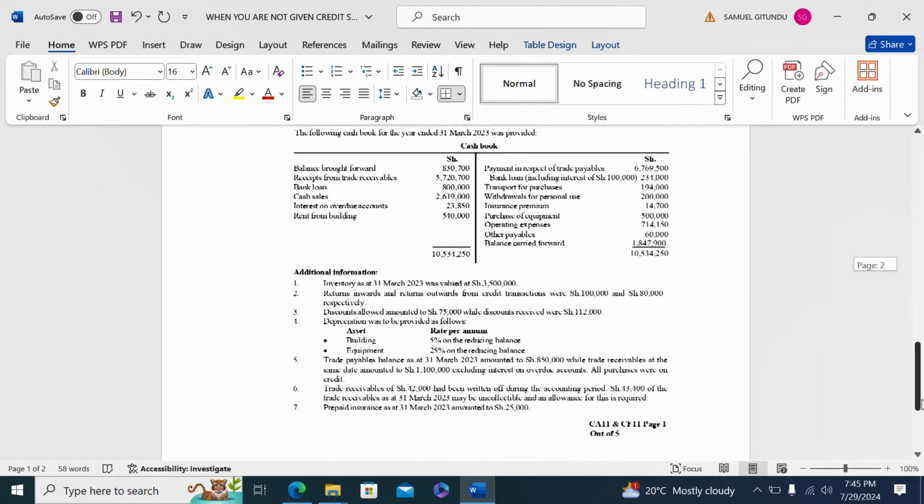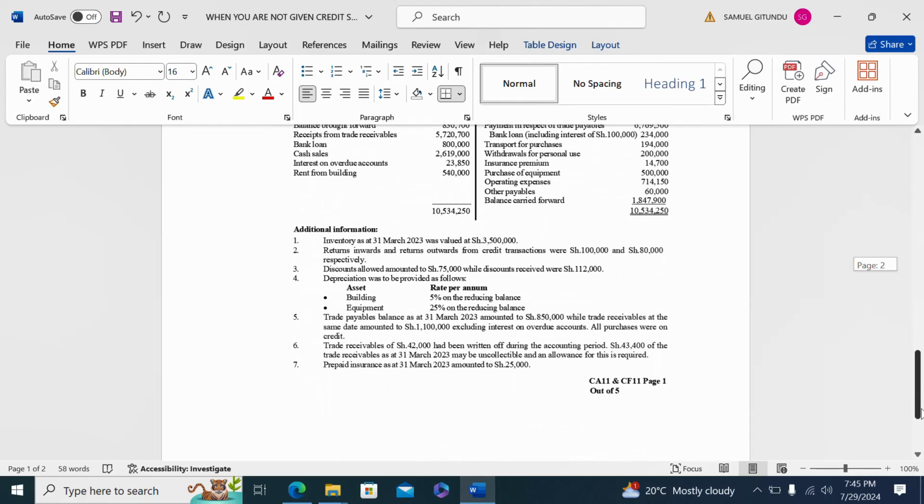From additional information number 6, trade receivables of shillings 42,000 had been written off during the accounting period. So it means this was the bad debt during the accounting period. Shillings 43,400 of the trade receivable as at 1st March 2023, this is at the end of the year, may be uncorrectable and an allowance for this is required.